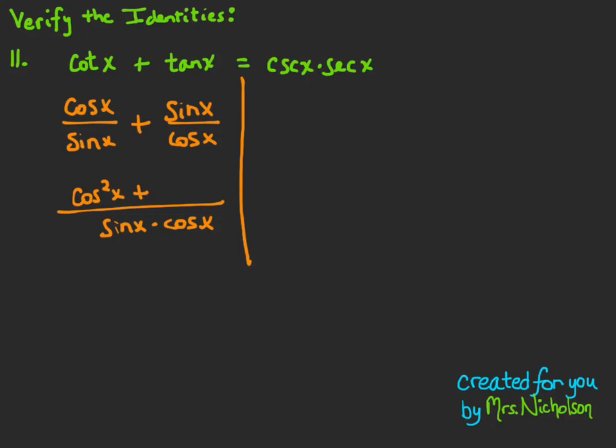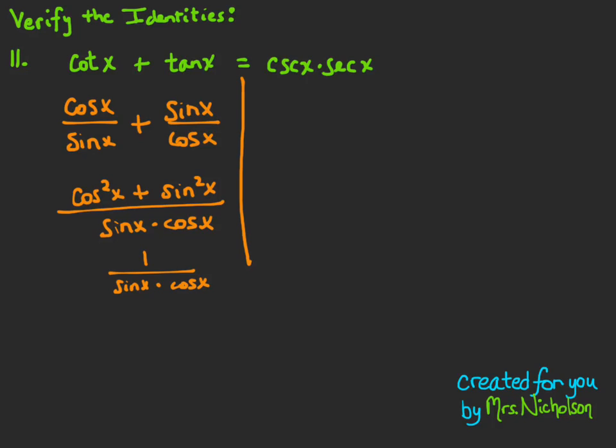Plus, in my second fraction, if I change the denominator to sine times cosine, I need to multiply the numerator times sine also. And I get sine squared x. So now I have cosine squared plus sine squared over sine times cosine. Well, hopefully you recognize cosine squared plus sine squared, it's equal to 1 over sine x times cosine x.